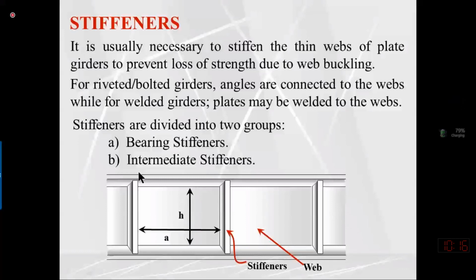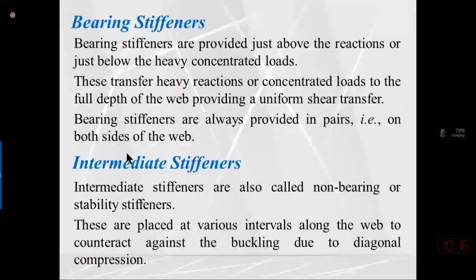What are bearing stiffeners? From the word bearing, it means they are bearing or resisting the load. Bearing stiffeners are normally provided wherever a concentrated or very heavy force is acting on the plate girder. What are the types of concentrated force?